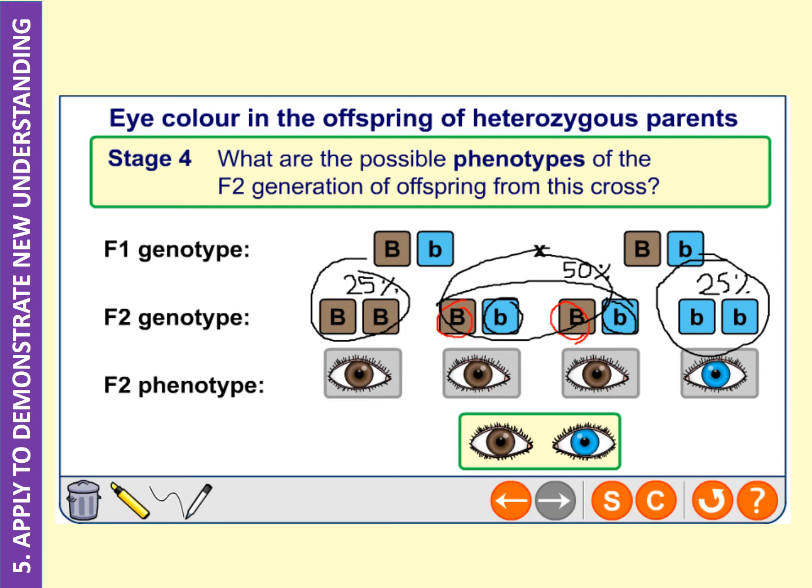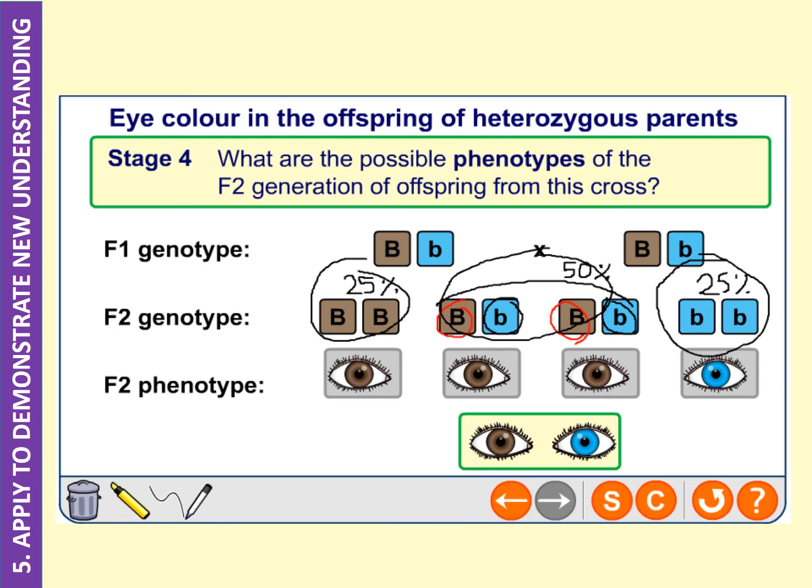The other 50% contain a version of the gene for blue eyes. Now, if we look at Mum, she is giving 50% of her offspring an egg with a big B in, and she's giving 50% of her offspring an egg with a little b in.